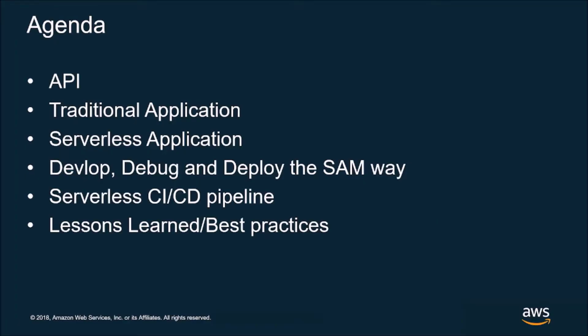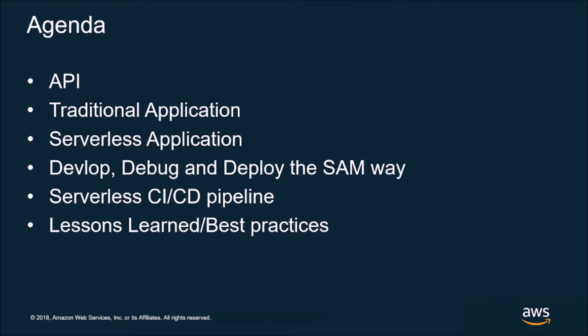So here's the agenda we are going to talk about today. We will start with an API, application programming interface, or a contract that we will be explaining the application about. It's a Swagger spec that we'll be starting with, which represents a contract in a RESTful world. Then we'll talk about a traditional application to level set the baseline for our serverless application. We will show you what it takes to transition from a traditional application to a serverless application.